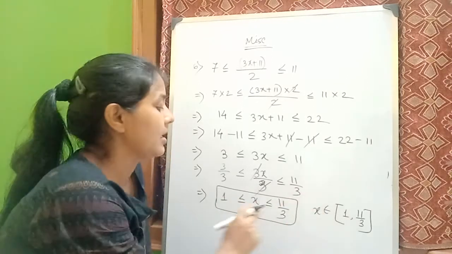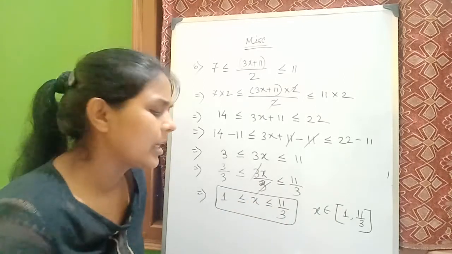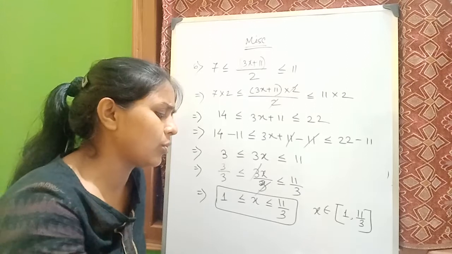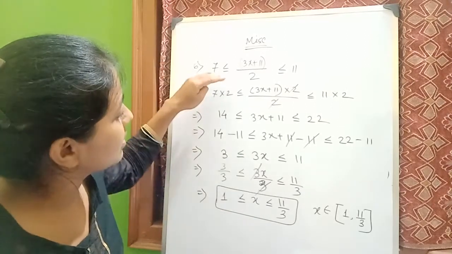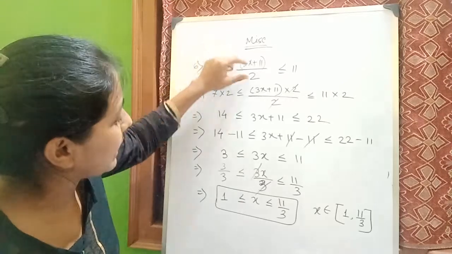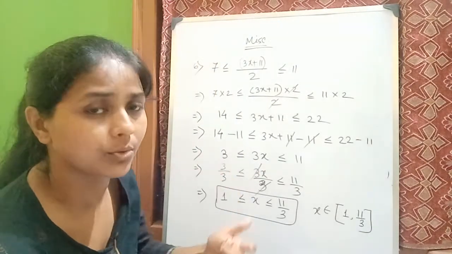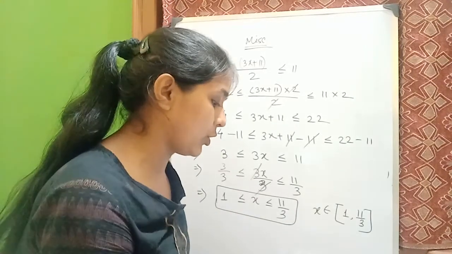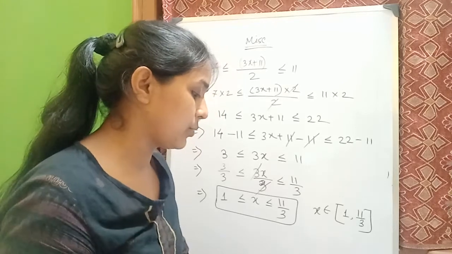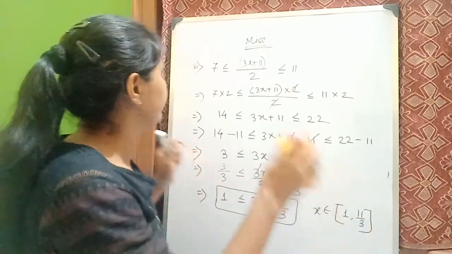If it is strict, then it will be an open interval. Understood? It's very simple. There is no difficulty here. You only have to finally come to a point where the variable is alone. Then we will go to the next category where two different inequalities are given.